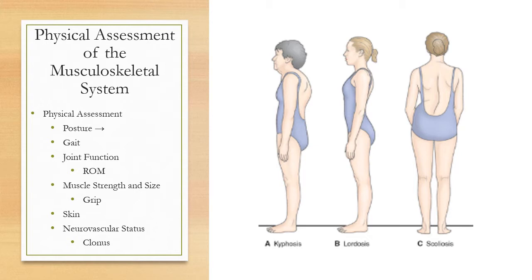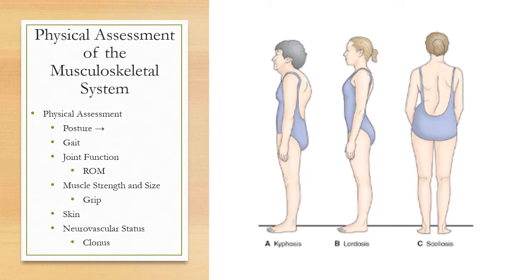Muscle strength and the size of the muscle groups. So just looking at, say, their thighs, do they have any atrophy of the muscles? Do they have any atrophy of the calf muscles? And you always have another leg to compare to, or usually you do, right? So we're looking for symmetry.